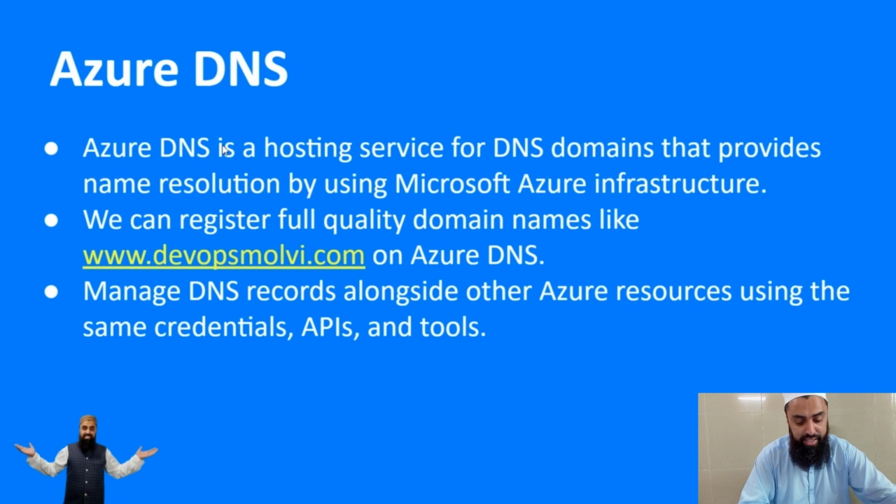It is a DNS hosting service for domain names, and it also provides name servers for name resolution using Microsoft Azure infrastructure. We can register fully qualified domain names like DevOpsMolvi.com on Azure DNS. And also we can manage DNS records, A records, NS records, MX records. So we can use Azure DNS for our domain records as well.